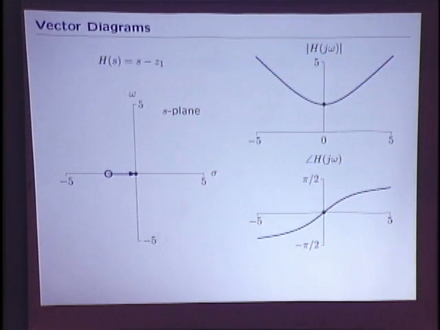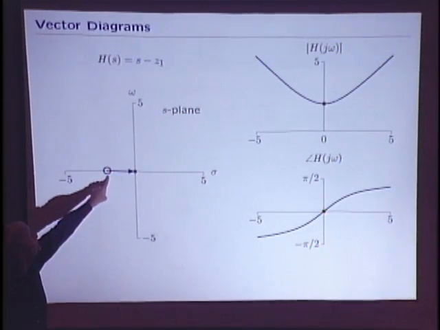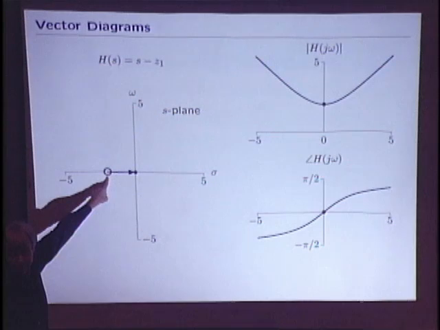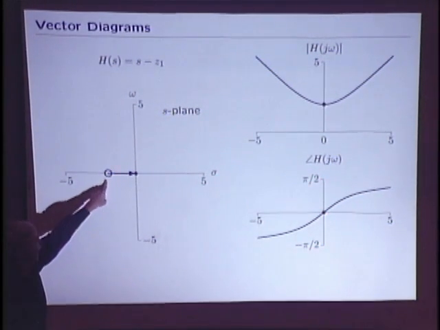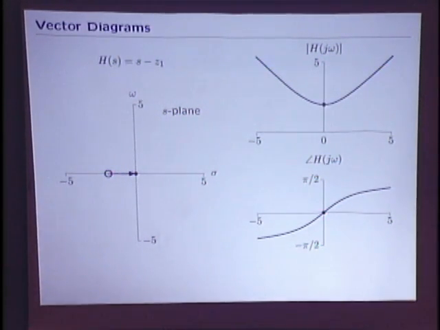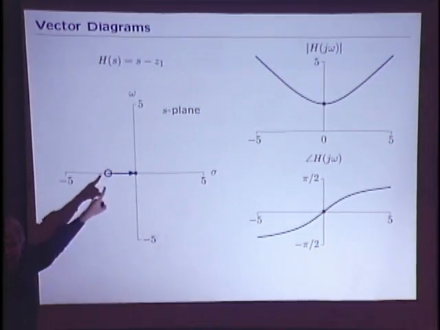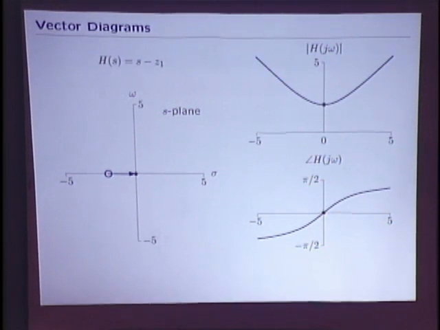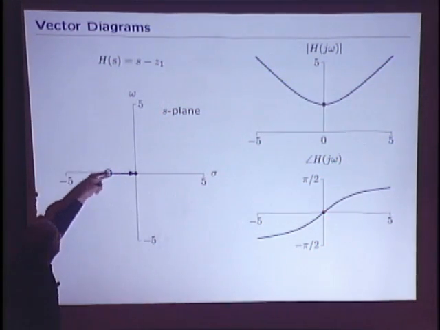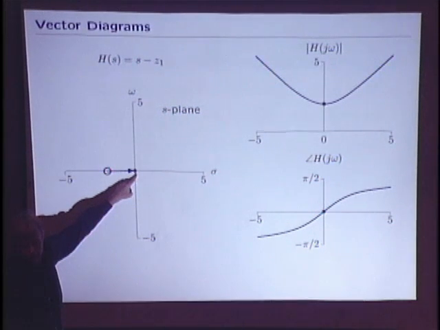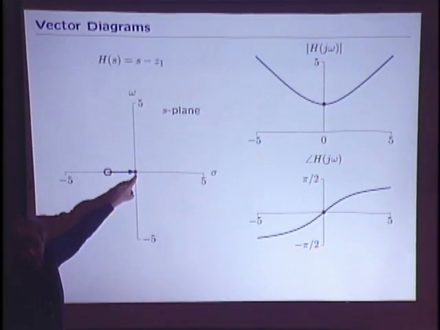So if I have a system that has a single zero at s equals z1, let's say that the zero is at the point z1 equals minus 2. Single zero at the point s equals minus 2. Then I only need to think about one vector. If I'm interested in the response for very low frequencies, at omega equals 0, I only need to think about the vector that connects the zero to the point j omega equals 0, so j0, which is the same as 0.